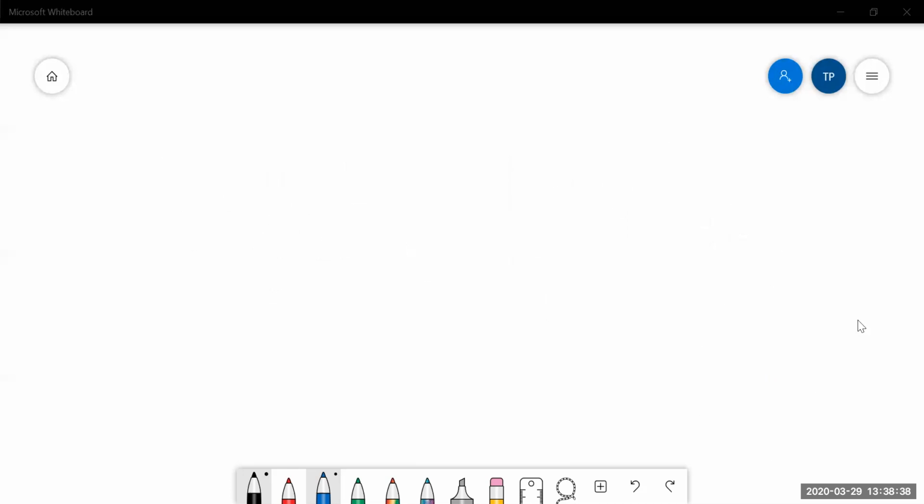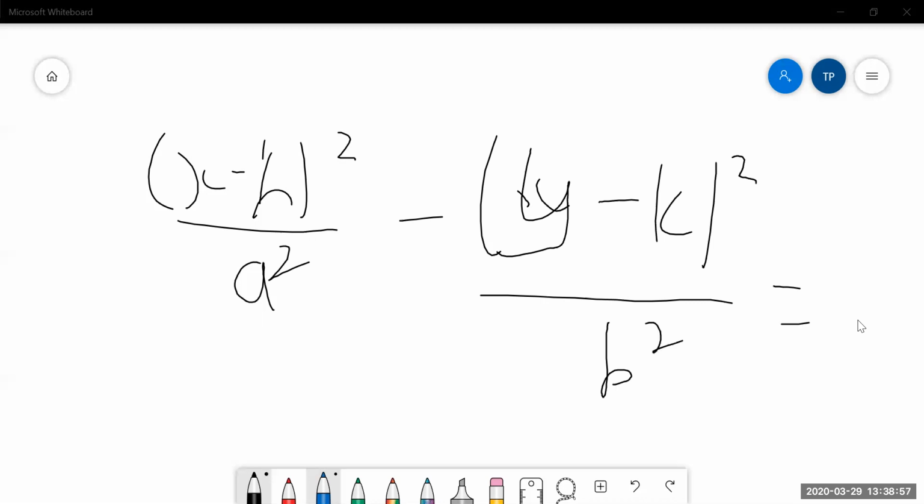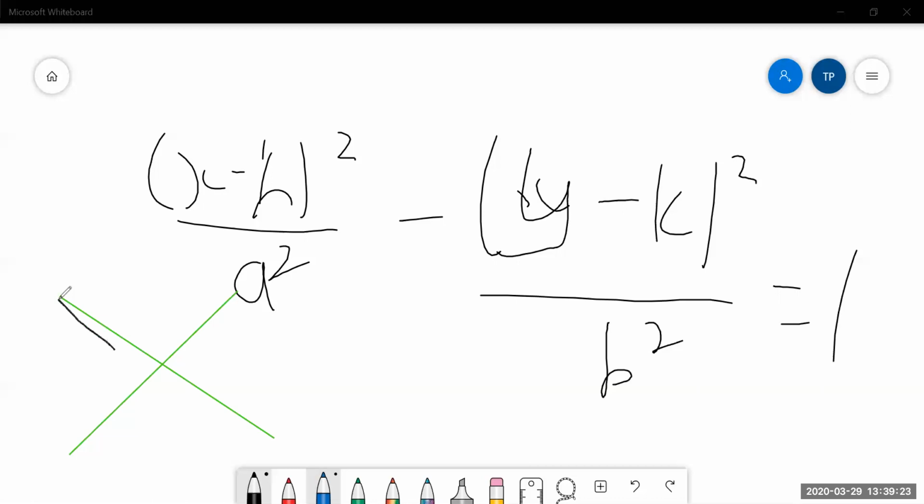Lastly, hyperbola. Okay. So in this case, what is the H and K here?